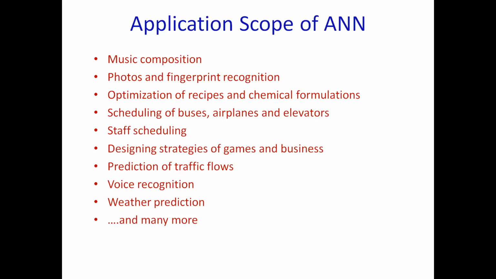So effects such as ocean currents and jet streams could be included here to obtain better weather prediction reports, with much more useful information. And many more applications are possible with the help of artificial neural networks.